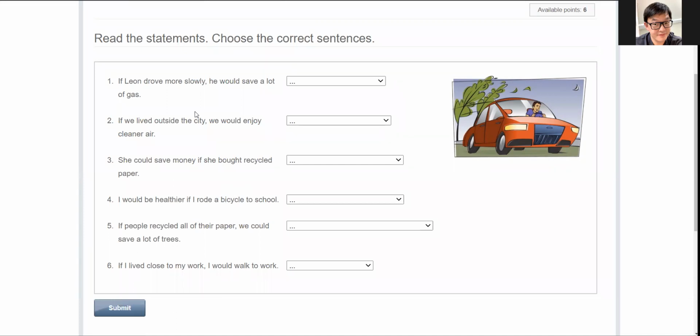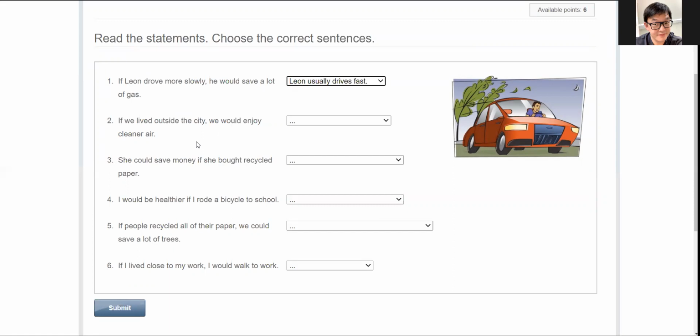So let's go here and read the statements. If Leon drove more slowly, he would save a lot of gas. So based on this, what is true? Leon usually drives fast or Leon usually drives slowly? And as you have there, the correct answer is Leon usually drives fast. Letter A. Okay.